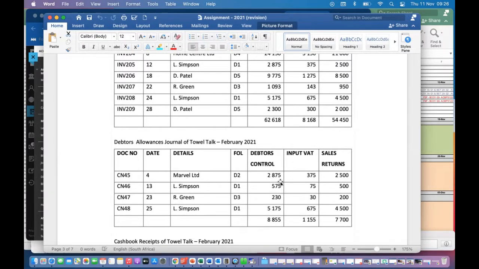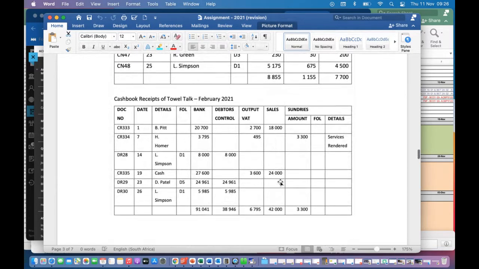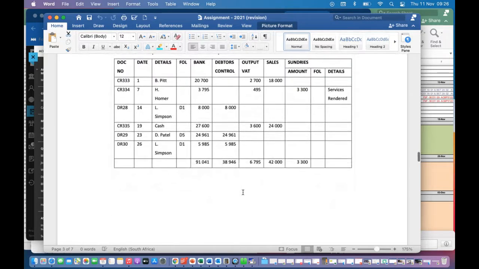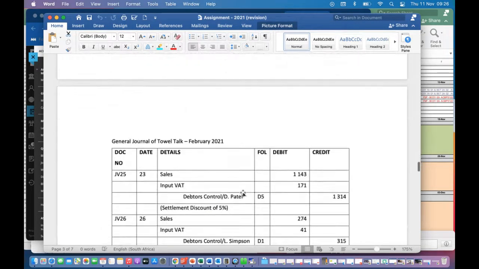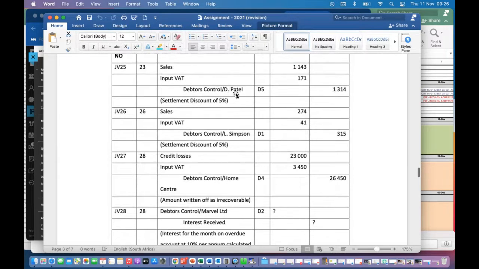We see 2,875, so we can minus that. Then we say, do they pay any money towards us in the cash receipts? Let's look. I don't see Marvel anywhere. General Journal, did we give him any discounts? I don't see Marvel there anywhere.